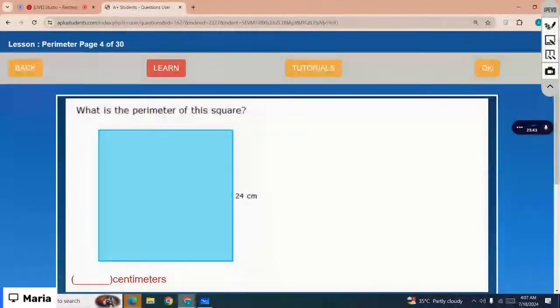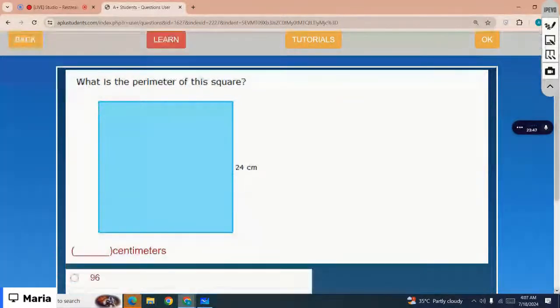What is the perimeter of the square? You need to add all the side lengths. So which is the correct option?